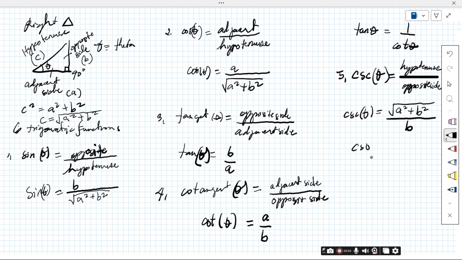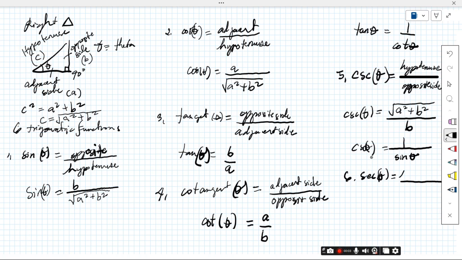Okay, so the last one, that is the sixth function, is secant theta. Secant theta is defined to be the reciprocal of your cosine function.